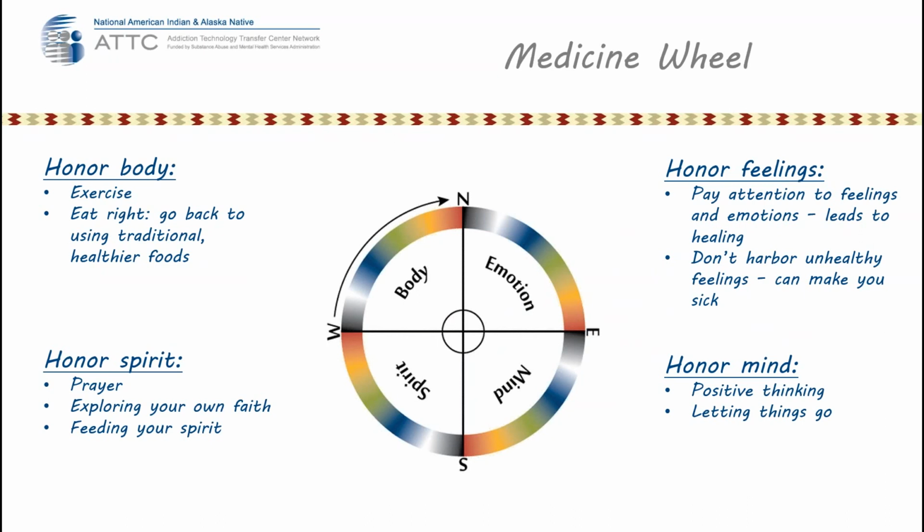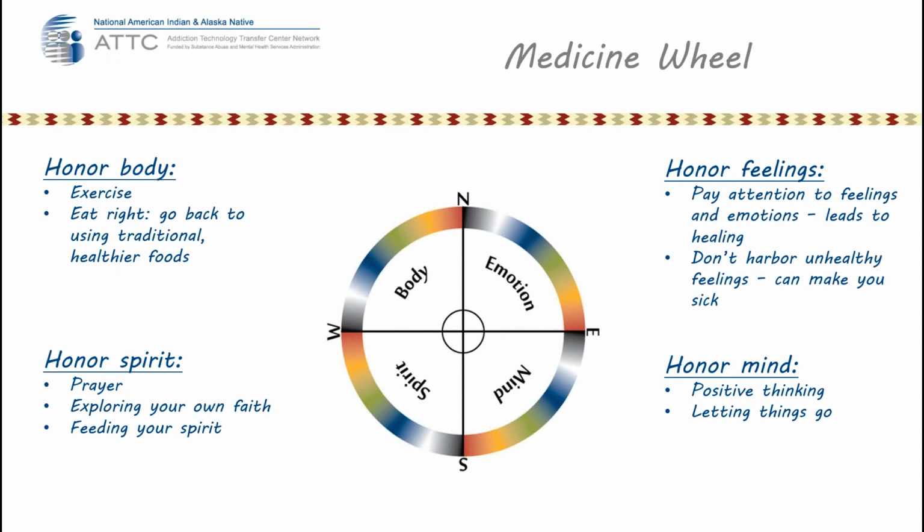So then here, looking at the medicine wheel, you'll see it has various colors. I wanted it that way because, with many different tribes or beliefs, there are different colors in different areas.